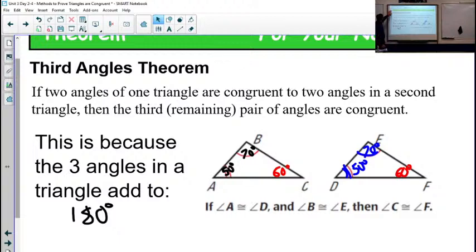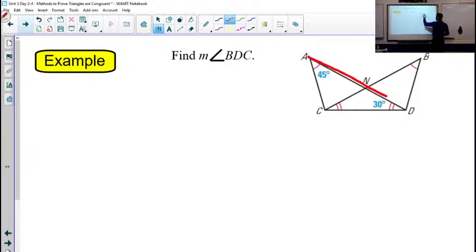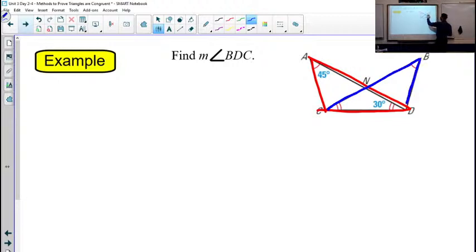So let's look at this in another triangle here. Here are the two triangles we're talking about. This one's a little bit trickier because the diagram is tricky. Here's my first triangle. And here is my second triangle.